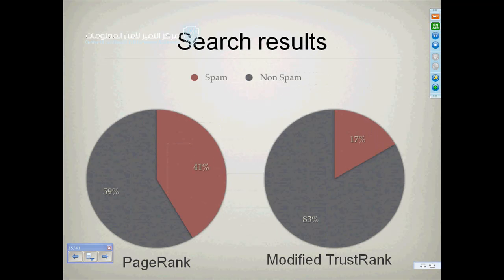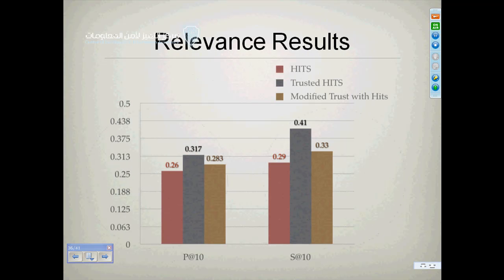In terms of the percentage of spam pages in the result, for page rank about 41% of the results over these 30 queries were spam. With modified trust rank, 17% were spam. Then we did similar experiments with HITS, trusted HITS and modified trust with HITS.